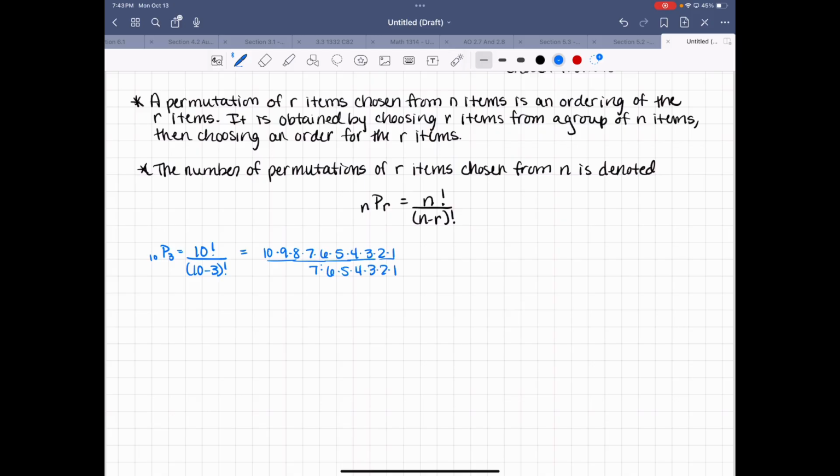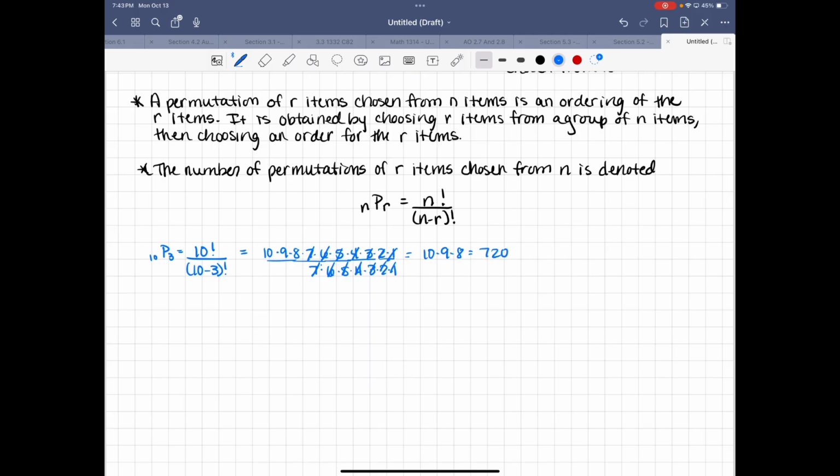And what happens when we have 7 over 7, that gives me 1. 6 over 6 gives me 1. They start to simplify. They start to cancel out. So, we got 7 goes, 6 goes, 5 goes, 4, 3, 2, 1. Left me with 10 times 9 times 8, which was my 720.